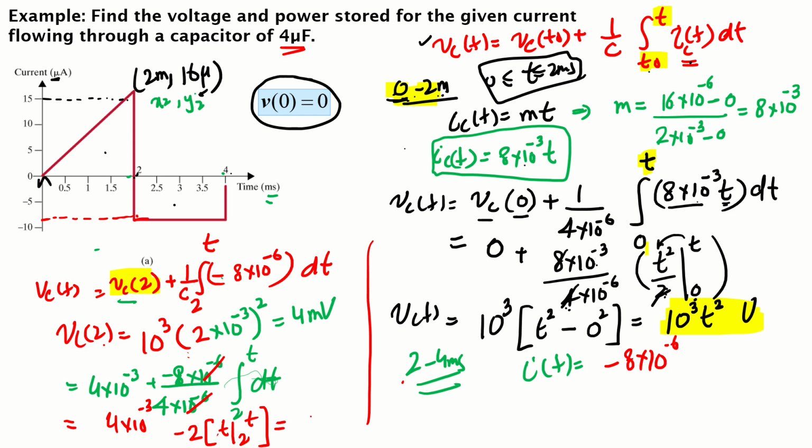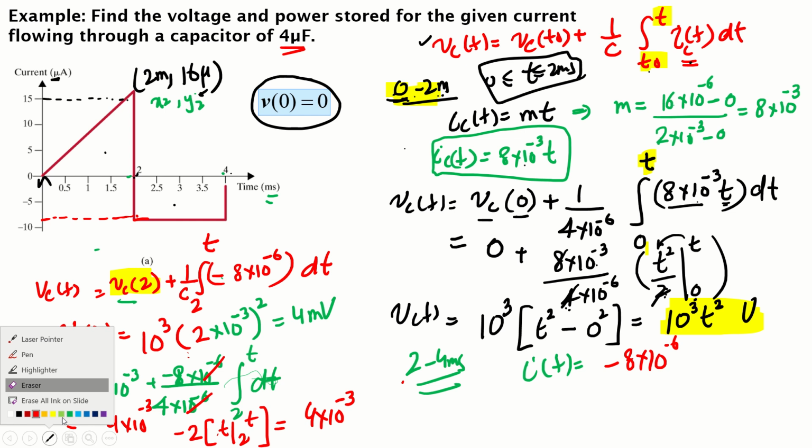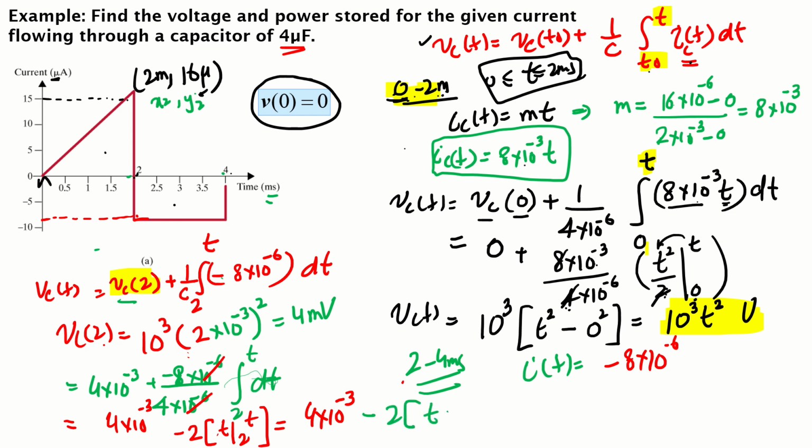So the answer will be 4 times 10 power -3, multiplied with minus 2, with upper limit t and lower limit 2.